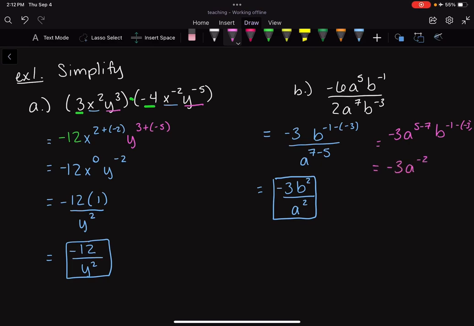You'll just have a to the negative 2 b squared. And then since that a has a negative exponent, you'll want to move that into the denominator. But only the a gets moved because only the a has the negative on the exponent. So either way, you get to the same answer, just in a slightly different method.